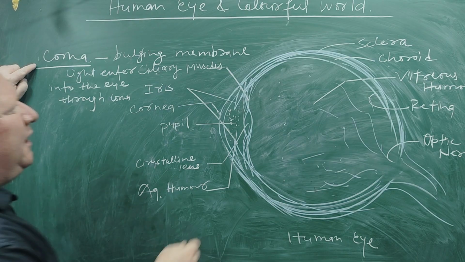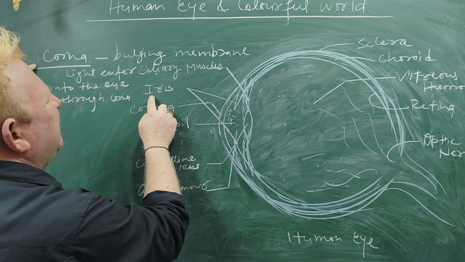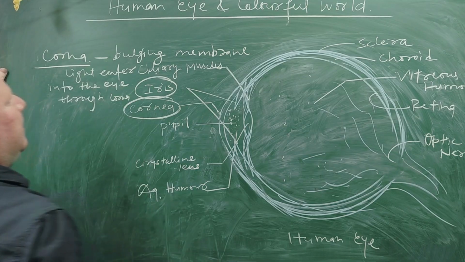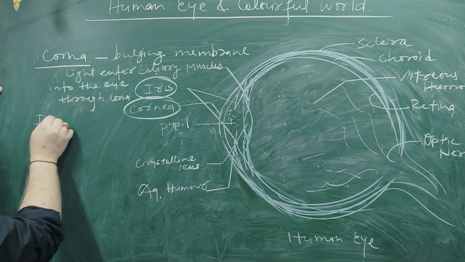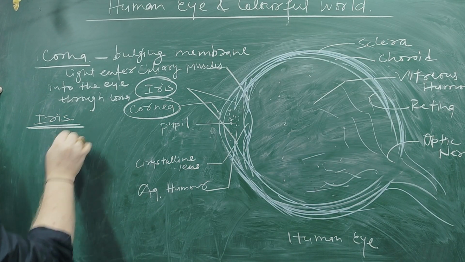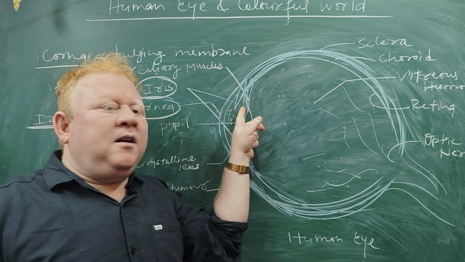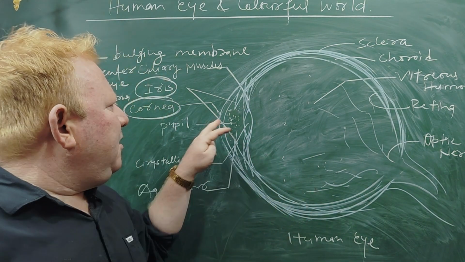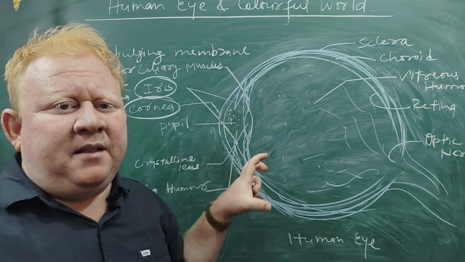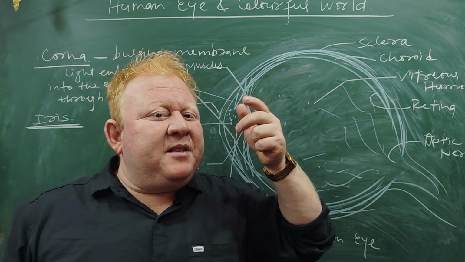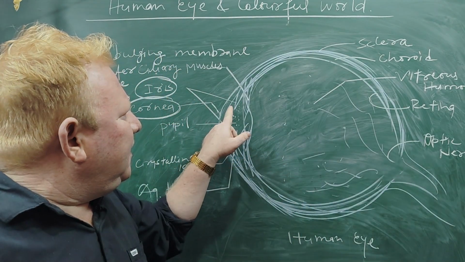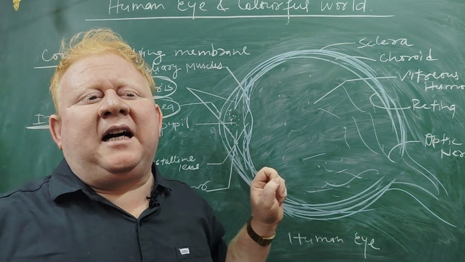So after cornea, let us go for iris. The cornea we have discussed. Now iris. What is iris? After cornea, one muscular part is there, and this muscular part is filled with colored pigment. You might have seen different colors of eyes. The color of the eye is decided by the colored pigment filled into the iris.